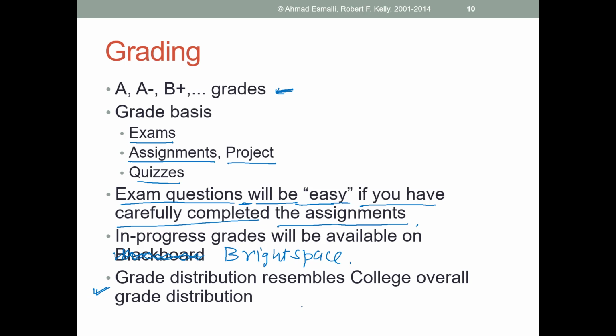I do have the grading criteria mentioned on the syllabus, so you can look at the grade cutoff, like what would be the range for A grade, A minus, and all that. That's available on the syllabus that I have already posted on your Brightspace.